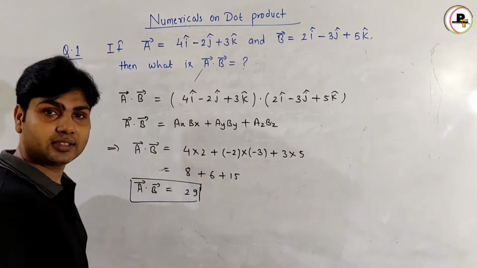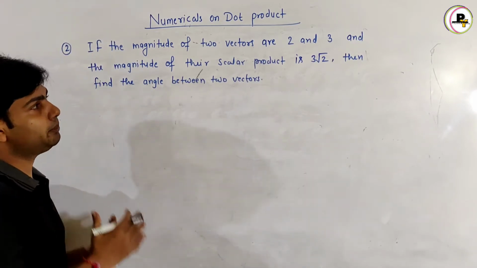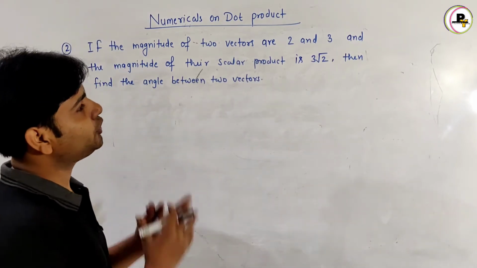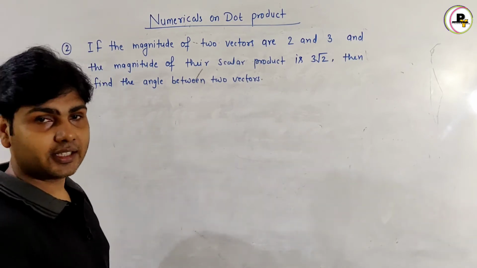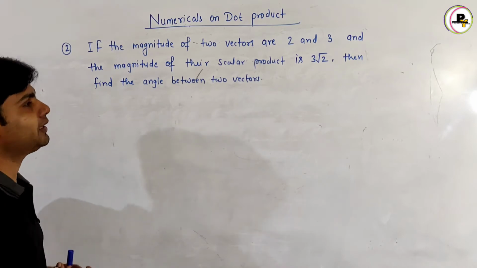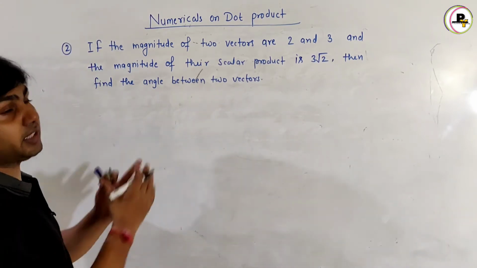Now let's see question number 2. If the magnitudes of two vectors are 2 and 3 and the magnitude of their scalar product is 3 root 2, then find the angle between the two vectors. First of all I will write the given data.